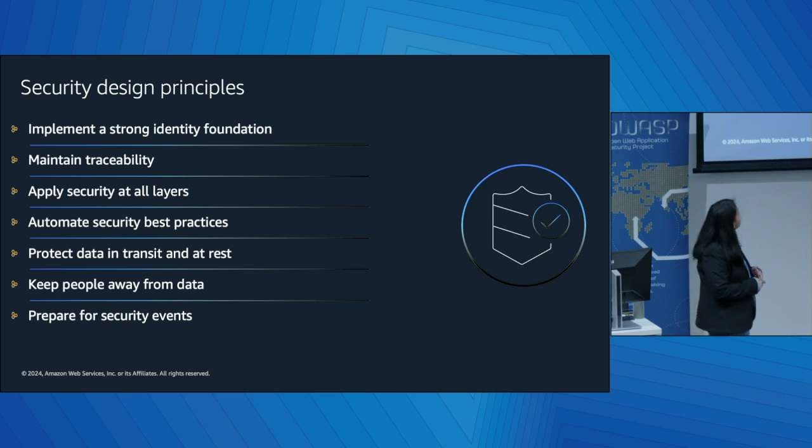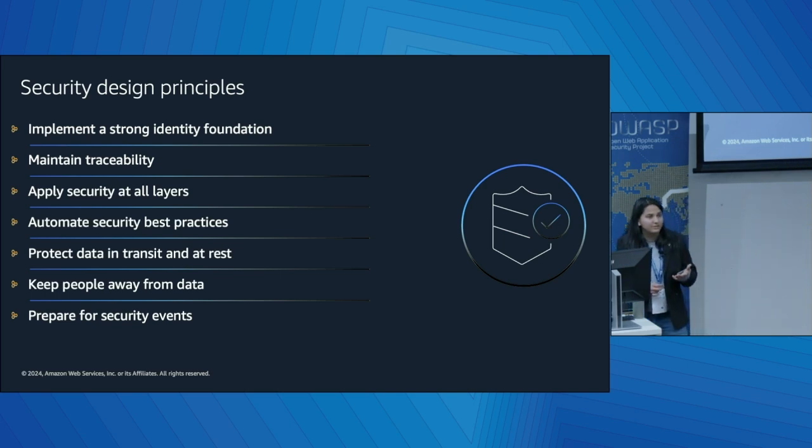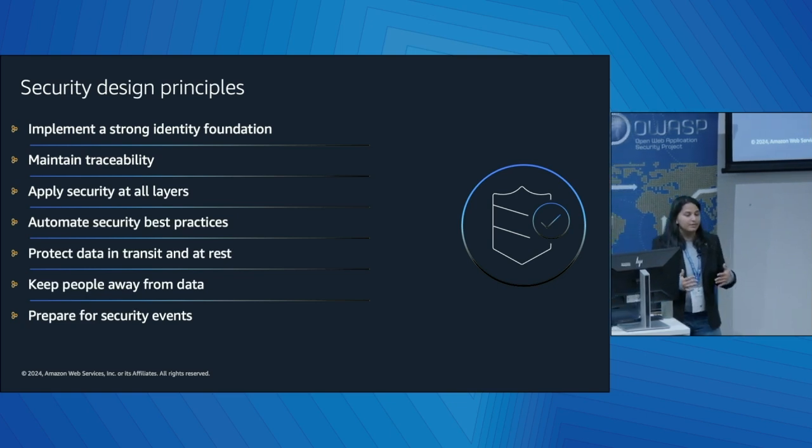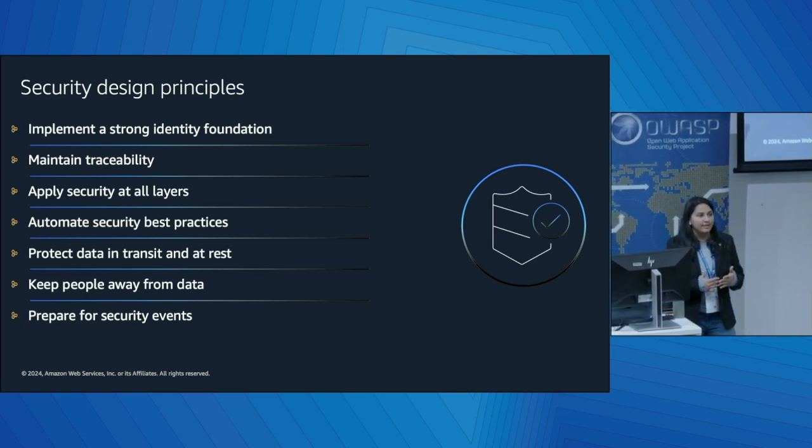So having a strong foundation of security comes from the very basics of what you do on an everyday basis. And that's when these design principles come into the picture, saying, you start with strong identity foundations, you maintain and log all the traces of what is happening.